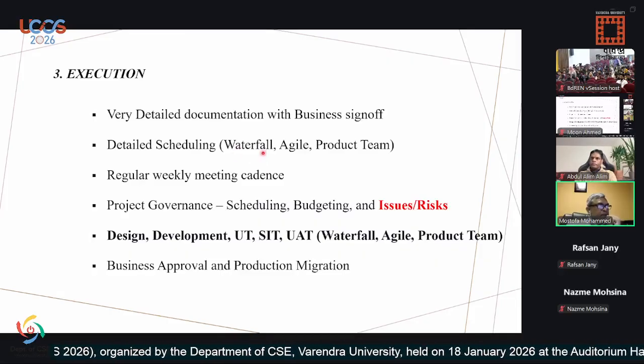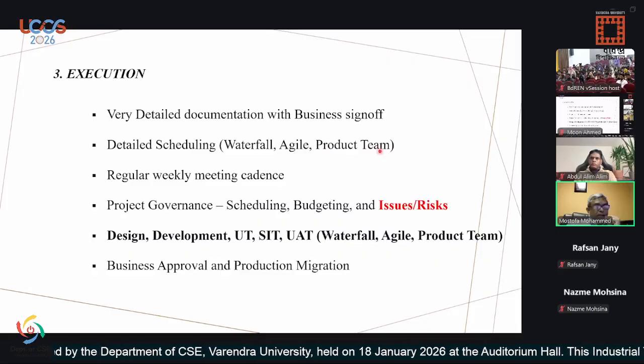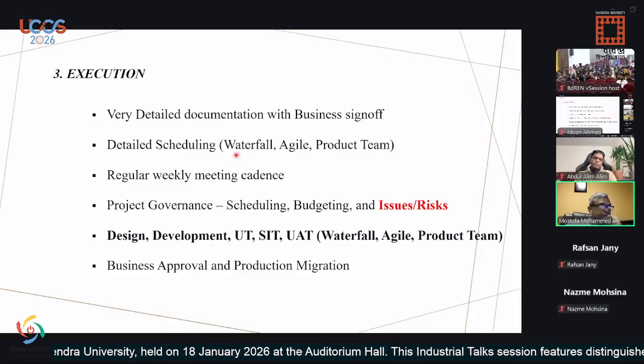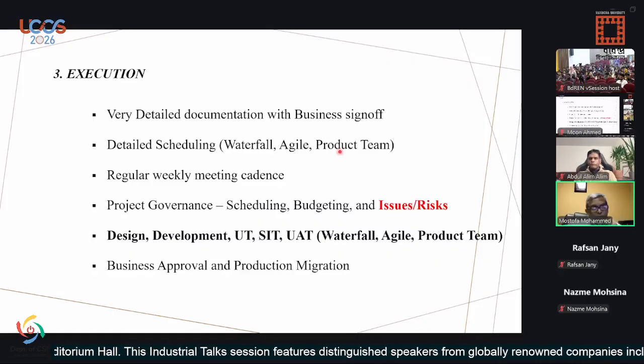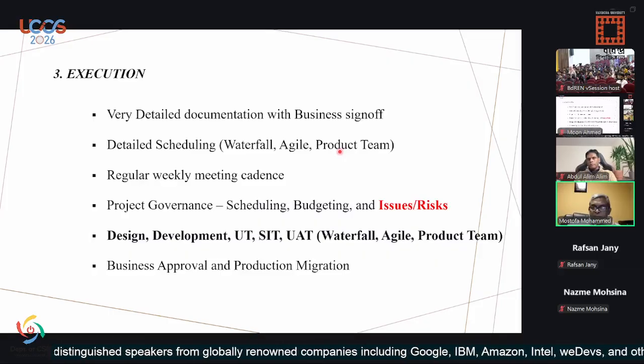You can have waterfall, agile, a product team. For the last 10, 15 years, waterfall is going down and agile is coming up. And product team is another version of agile where you have a team that is delivering or taking care of a certain application.